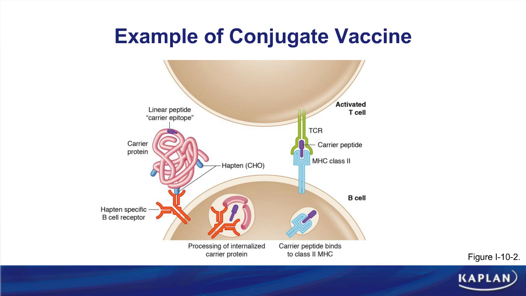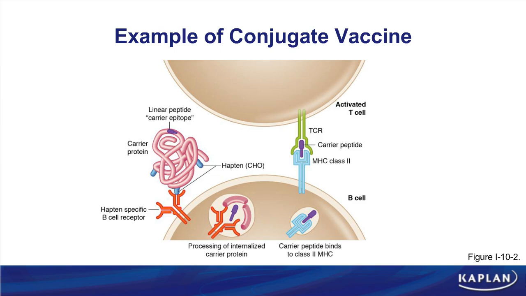So what that B cell is now going to be able to do is turn into a plasma cell that secretes really nice, high affinity, hopefully antibodies against the capsular polysaccharide, which is actually the major antigen in this situation.